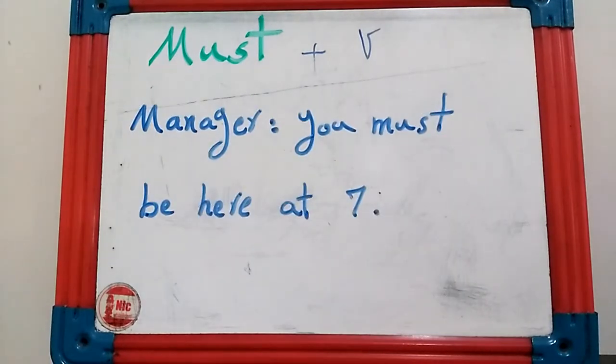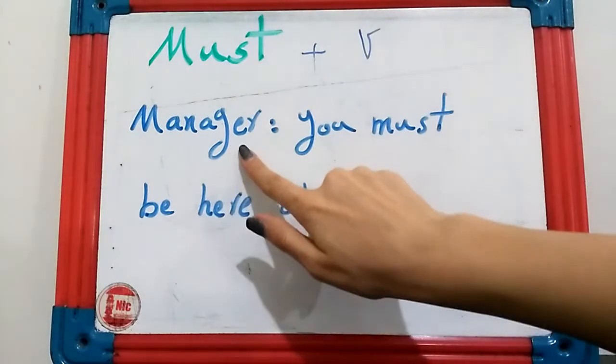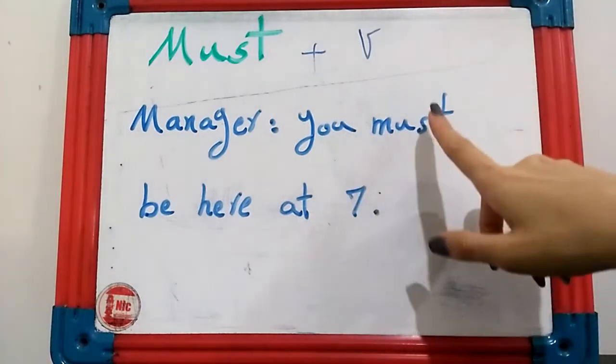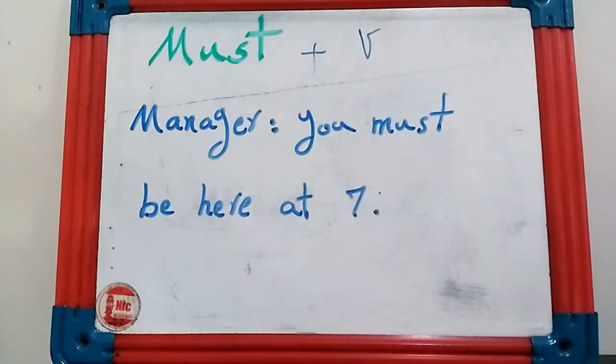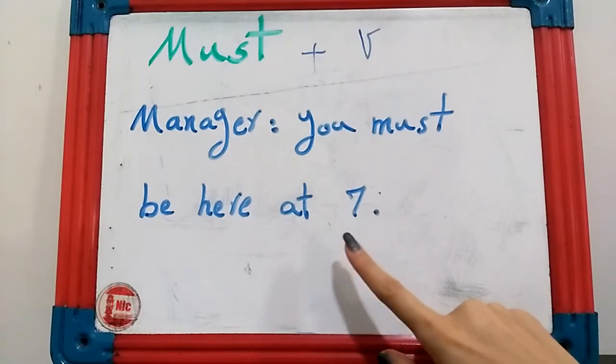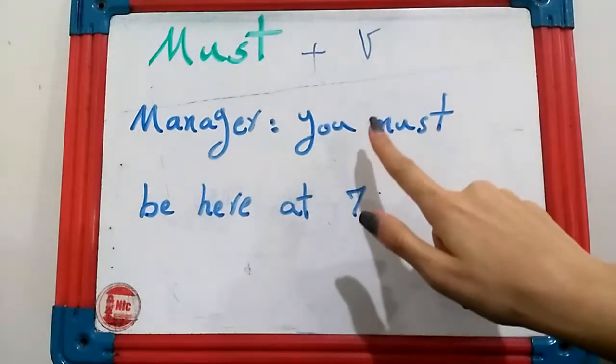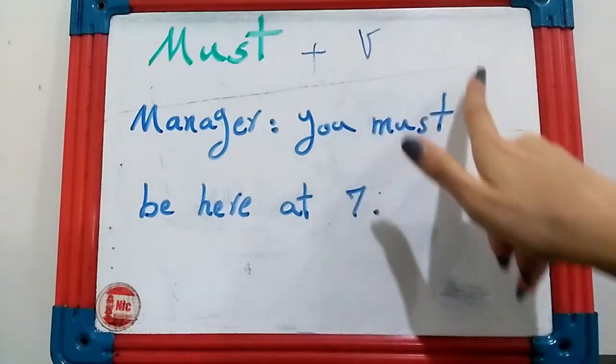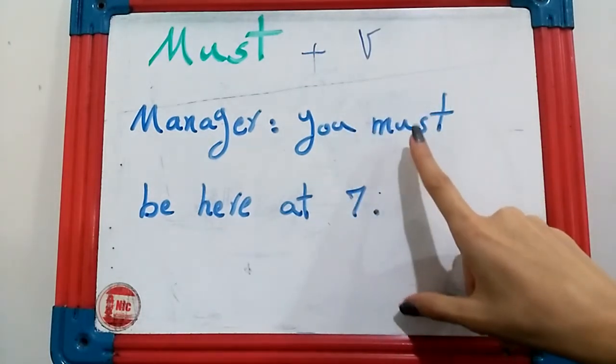So look at this example that I wrote for you. For example, your manager, مدیرتون به شما میگه You must be here at 7. You must be here at 7. شما باید رأس ساعت 7 اینجا باشید. پس یک ضروری بودن، یک اجبار رو با این فعل کمکی ما نشون میدیم.